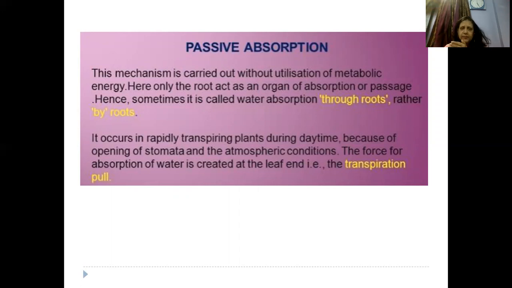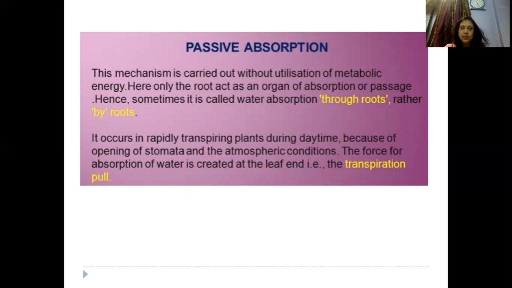Okay. Now what happens? When the water is lost from the leaf surface, there's a pull of water through the roots up to the leaf, and the water pulled through the roots passes through the symplastic pathway, apoplastic pathway, and the transmembrane pathway, and there is no energy utilized.